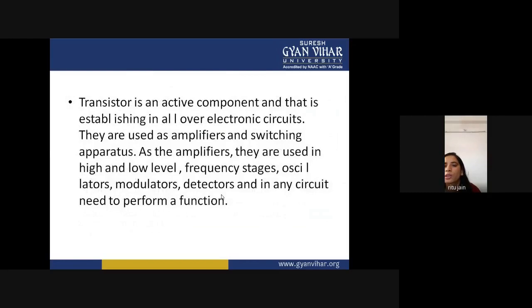A transistor is an active component found all over electronic circuits. They are used as amplifiers and switching apparatus. As amplifiers, they are used in high and low level frequency stages, oscillators, modulators, detectors, and in any circuit that needs to perform a function.